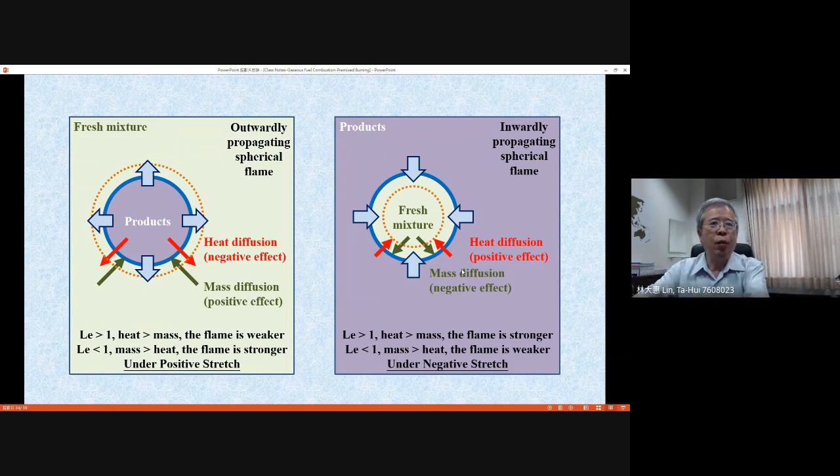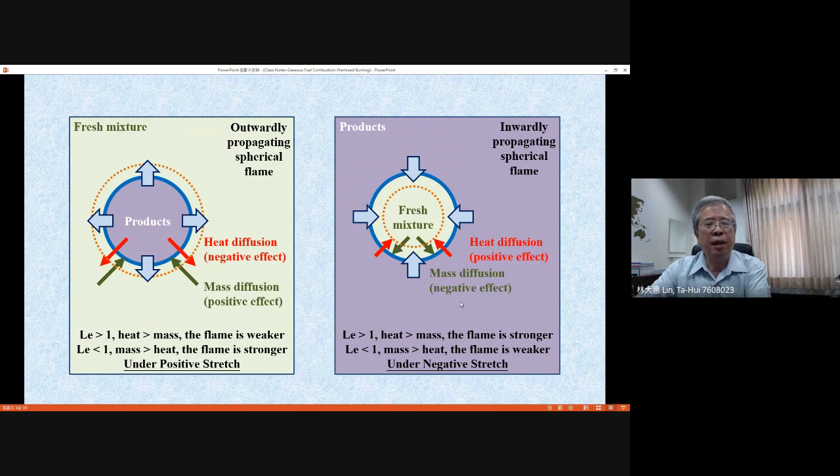This is a good thing because you force your thermal energy to concentrate in a small region. This is a positive effect, just the opposite of the case for the outwardly propagating spherical flame.